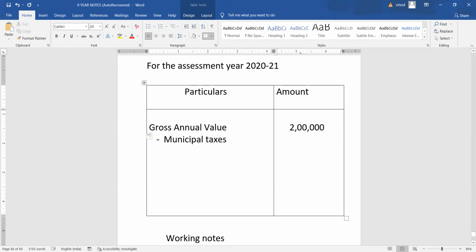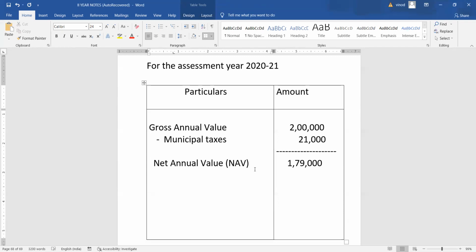As per the information provided in the problem, municipal taxes are 21,000. Then we got 1,79,000. This we can call the net annual value, or NAV.